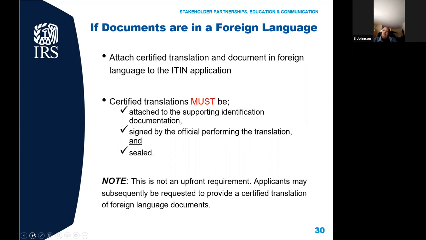Normally, this is not an upfront requirement. Applicants may subsequently be requested to provide a certified translation of a foreign language document. What I have discovered is if it is in Spanish, they usually do not have any problem with that because they do have assisters in the ITIN unit who are bilingual.